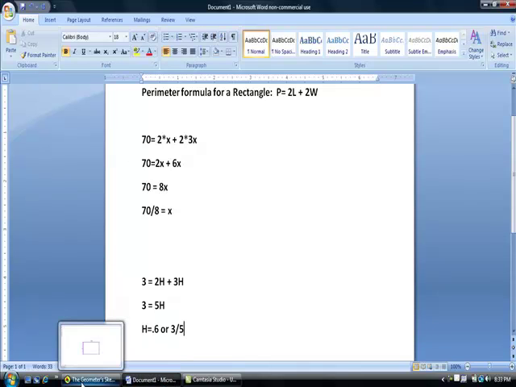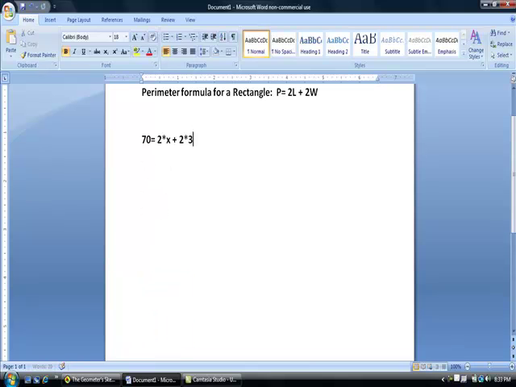Okay, now the last one I want to cover is question 17. It says a rectangle has a perimeter of 16, and it says graph all the possible pairs of lengths x and y. So basically we plug all the information into our perimeter formula. We're given our perimeter is 16, and one side is going to be x, so we get 2x.